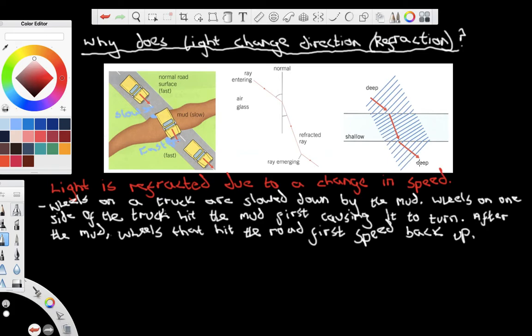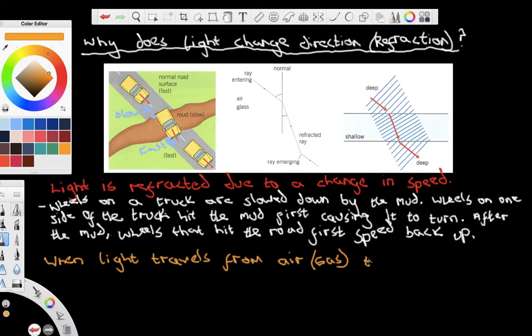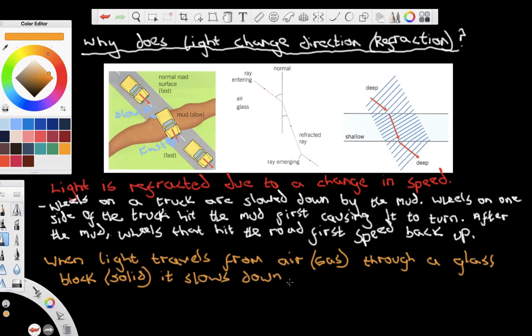So we can say that when light travels from air, which is a gas, through a glass block, which is a solid, it slows down, causing it to bend.